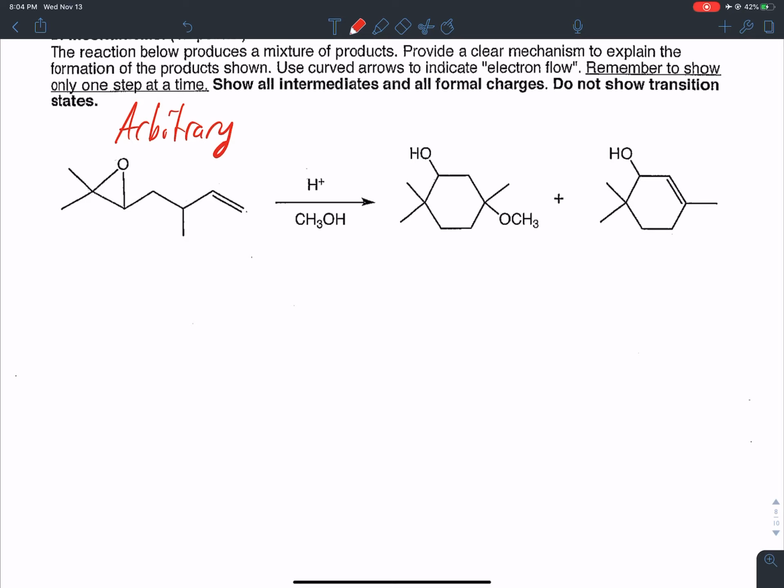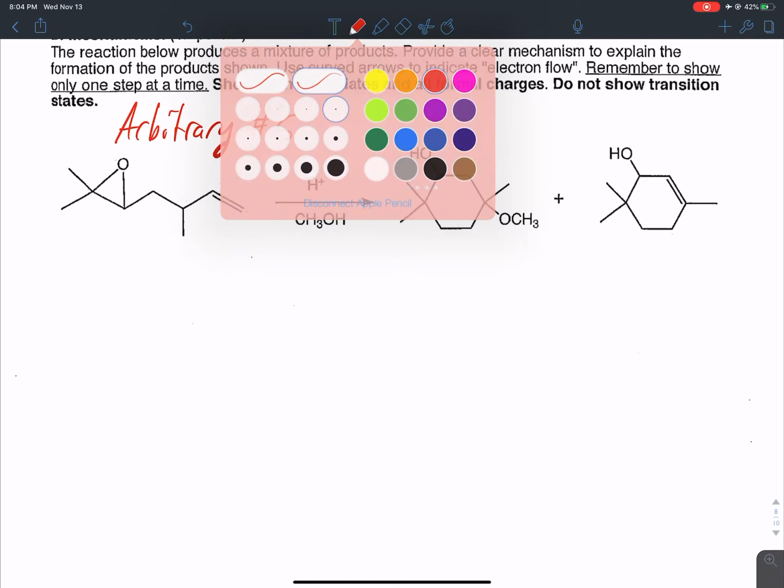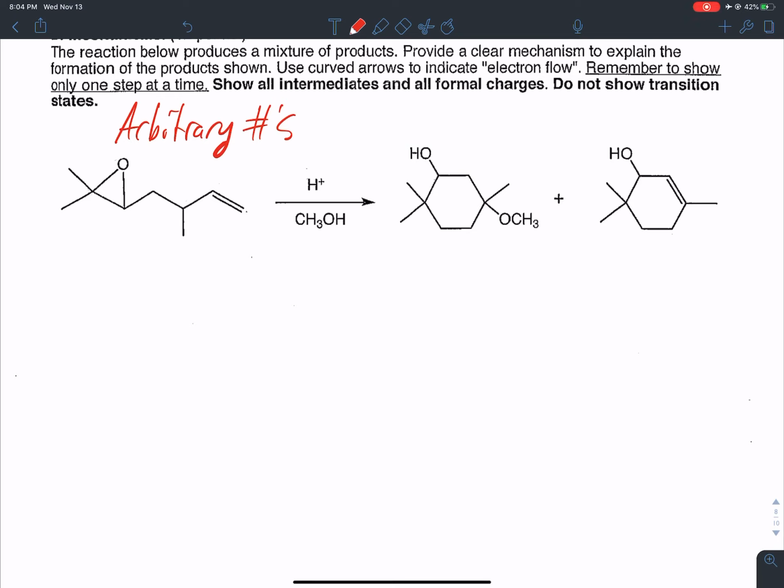I'm going to pick some arbitrary numbers for these carbons, and I'm going to put them on places that I want to keep track of. So I want to keep track of that carbon right there. I want to keep track of this quaternary carbon because it looks like a very recognizable site, right? You'll be able to see those 2 methyl groups sticking out somewhere on your product. So that's a recognizable site.